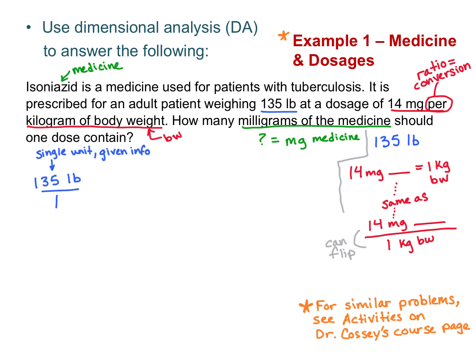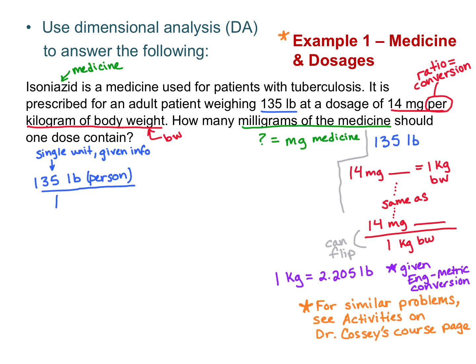The conversion factor that we're going to use is the one that goes pounds to kilograms, right? And then we have to figure out how to get that to go with our pounds to get where we want. I'm going to add one more thing to my blue unit, pounds. I want to make sure I know that's for the patient or the person, because there's also a weight of a medicine, which is a totally different weight. So I'm going to write pounds of person.